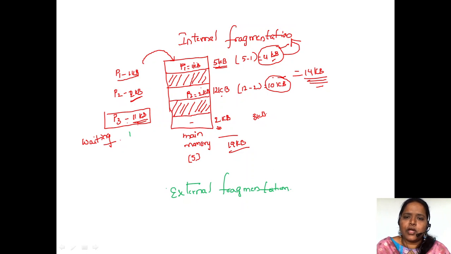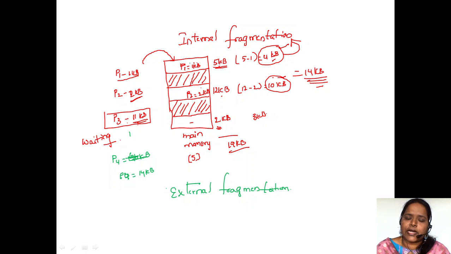In the sense, here we have allocated P1, and later some other process came. The next process P4 entered, which requires 14 KB. So P4 enters, and P4 needs 14 KB of free space, fine.